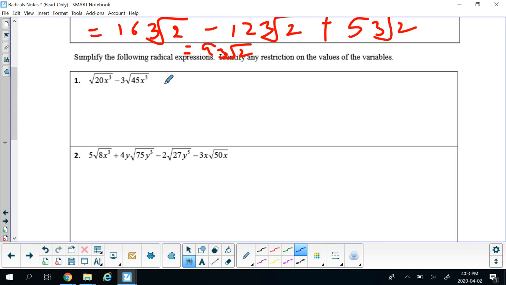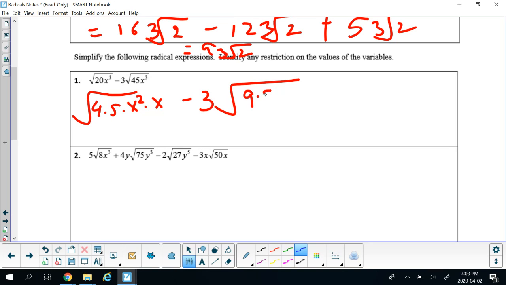So let's break 20 first in terms of a perfect square. So 20 can be written as 4 times 5, and x cubed can be written as x squared times x. Okay, and same way 45 can be written as 9 times 5, and x cubed can be written as x squared times x. Okay, I'm gonna write all these radicands that are in the first term separately.